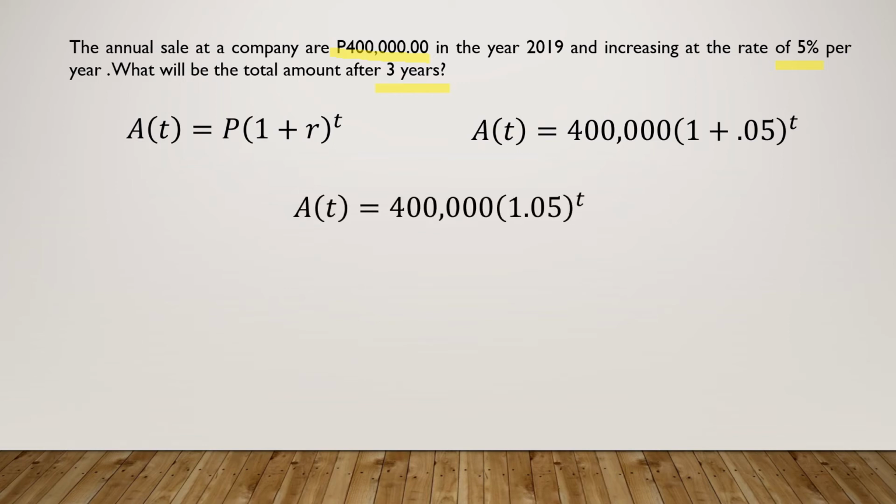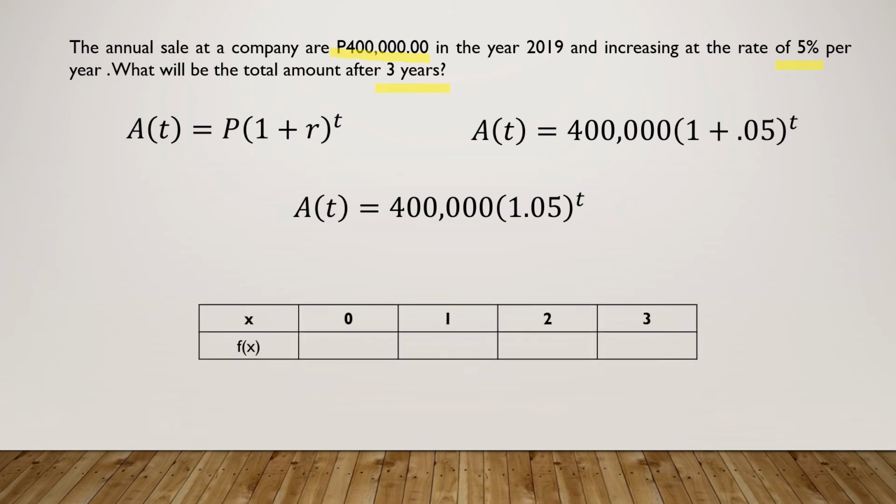So, using this model, at pag nag-substitute tayo ng 0, so yung initial pa lang, then after 1 year, after 2 years, then after 3 years. So, initially, we have 400,000 pesos. After a year, we have 420,000 pesos.